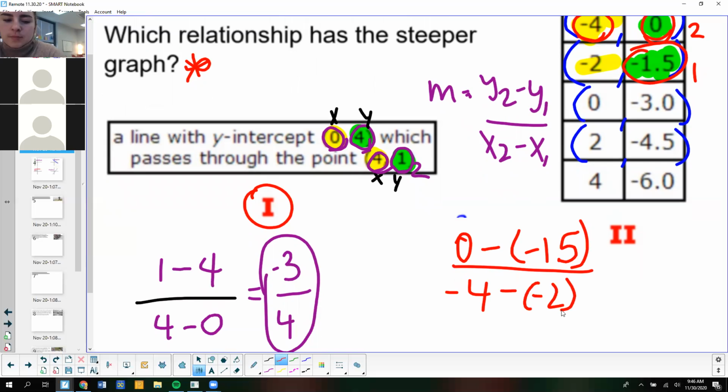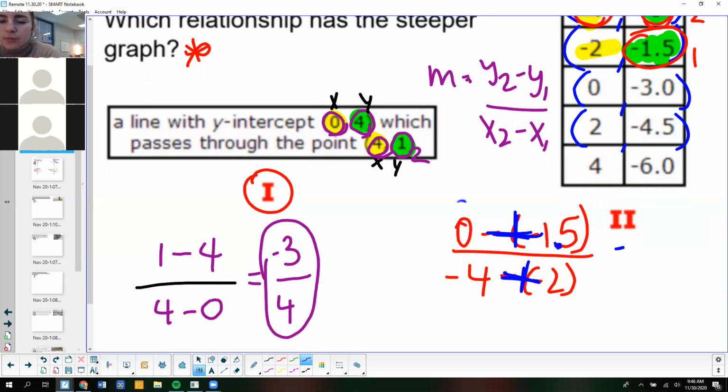All right, you guys remember my little trick: whenever we're subtracting a negative, it's the same thing as adding. Oh, and that's a point there. Sorry, I just want to make sure you guys see that. So whenever you subtract a negative, it's just like we're adding. So 0 minus a negative 1.5 is just 0 plus 1.5.